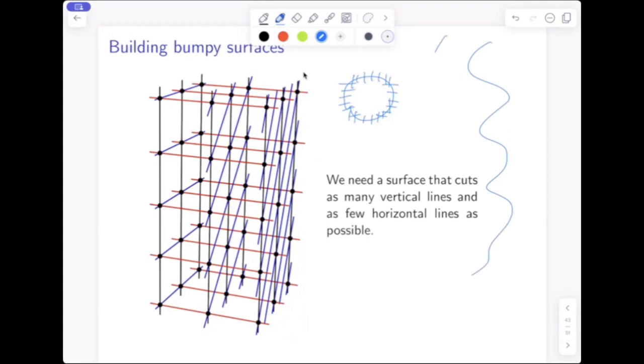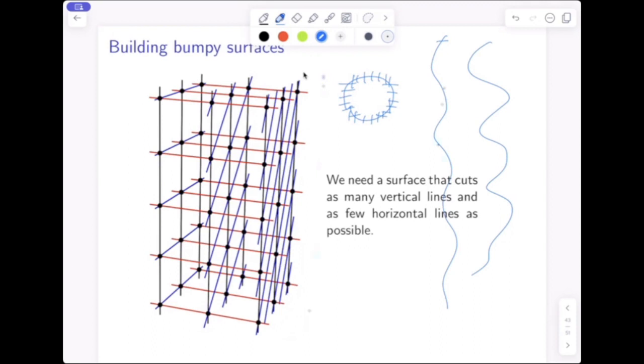Because if you have a set which oscillates more like that, those oscillations mean that it crosses more vertical line segments. And so we can construct surfaces in the Heisenberg group that cross a lot of vertical line segments, but not too many horizontal segments, basically by taking a vertical plane and then making it bumpy.